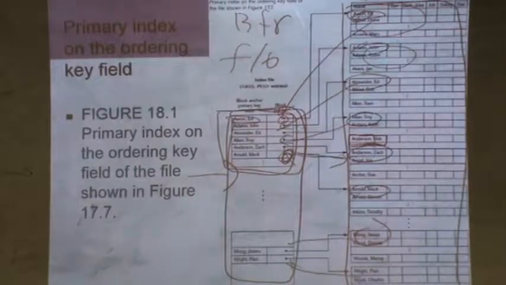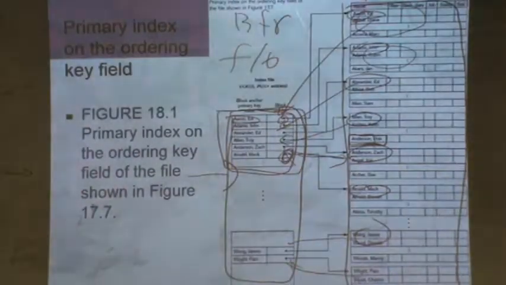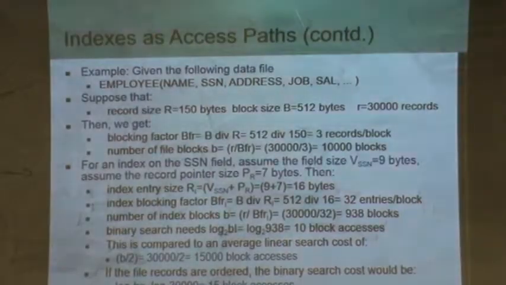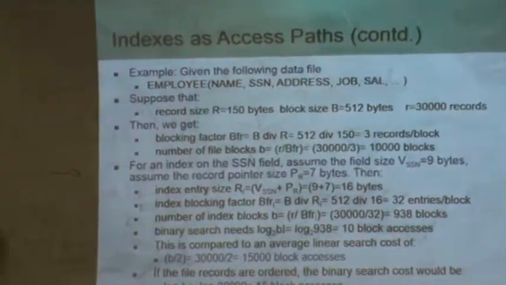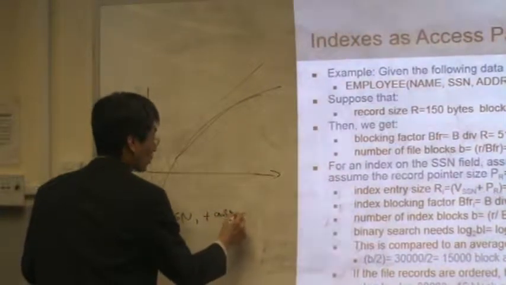Then, for example, we have an index like this one. Why don't we make the index for the social security number? To make the index key entry, we need the social security number plus an address pointer.